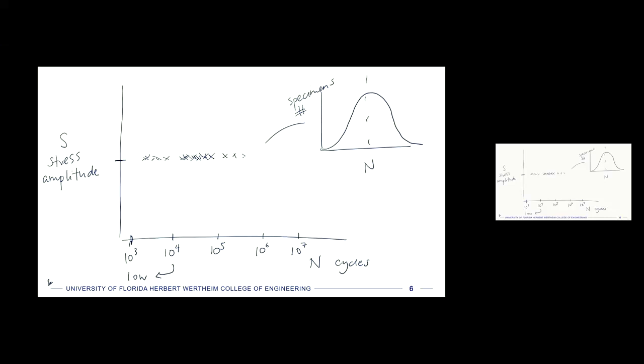What happens is this same thing is done at, let's say, a second level of stress. Right up here, and then we'll do it all the way up till we are, I don't know, 0.8 times the ultimate strength, right? And then we'll get a tighter distribution that's right around 10 to the 3, 10 to the 4.